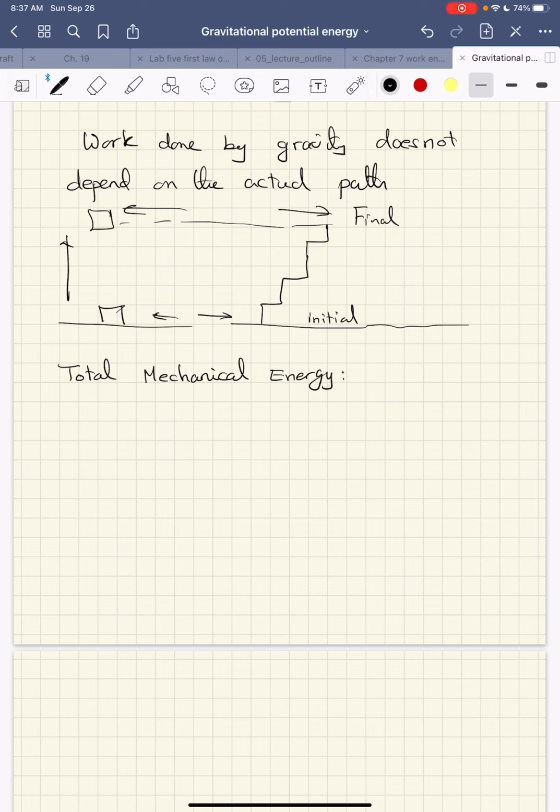That total mechanical energy, we use E for it, and it equals kinetic plus U_g. Now I have two situations. We can use conservation of mechanical energy to say, of course, E initial equals E final.